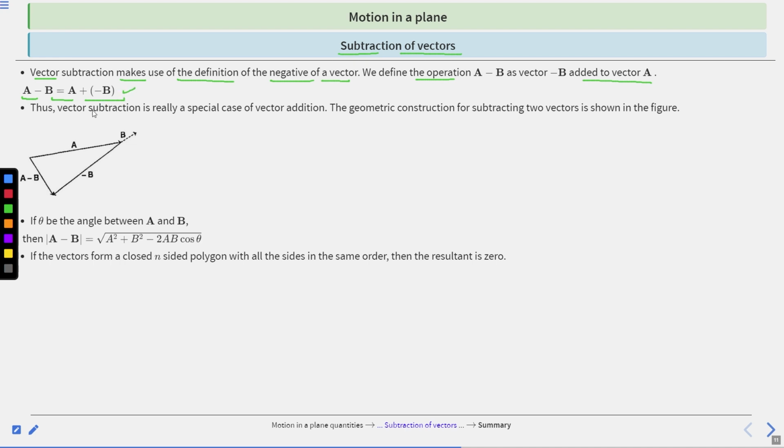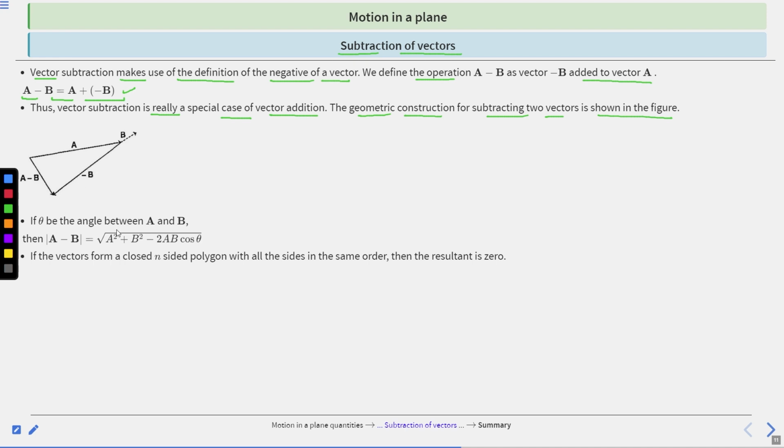Thus, vector subtraction is really a special case of vector addition. The geometric construction for subtracting two vectors is shown in this figure. Here A vector is this, and this is B vector.